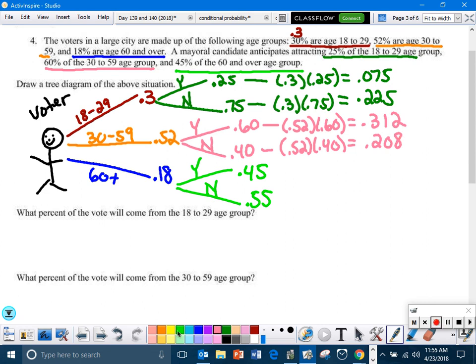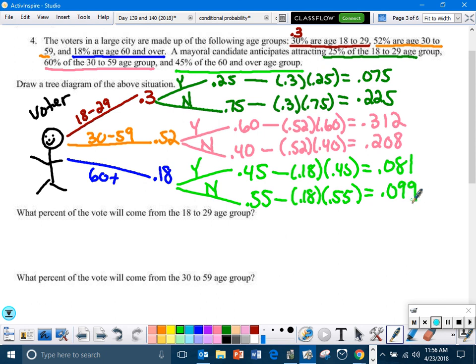Okay, and then the last one, I'm going to take the 0.18 times the 0.45, which is 0.081, and then 0.18 times 0.55. So what I did was I multiplied each branch together and found what that is. Now I can answer the questions.